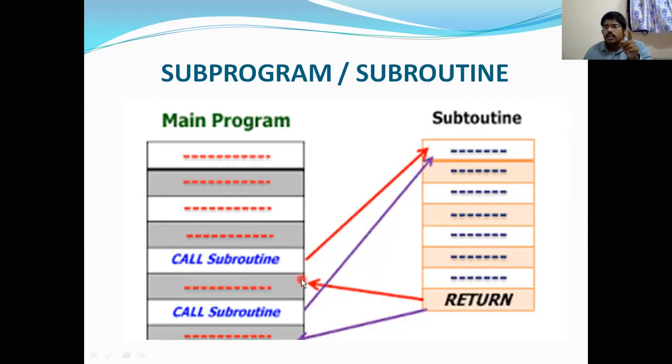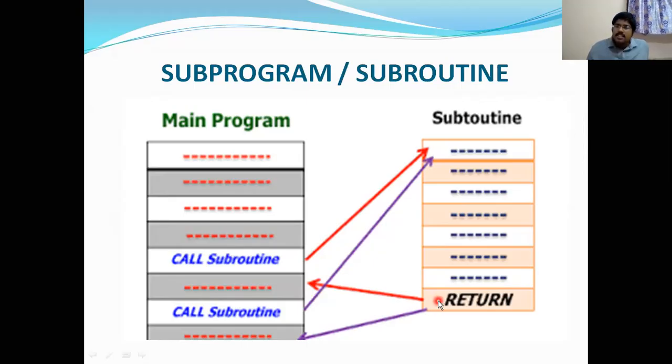Before it leaves the main program for the subprogram, the controller or processor will store the address of the next instruction in the stack by using the push operation, because push is nothing but inserting data into the stack.